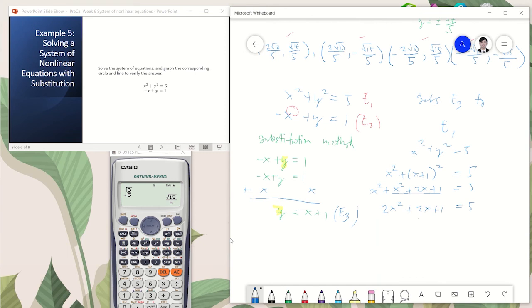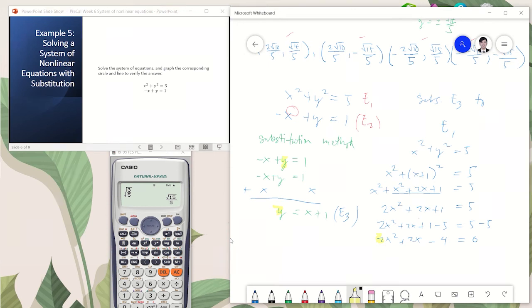Now, the next thing that you need to do is make the right side a 0. So you'll need to add negative 5. So 2x squared plus 2x minus 4 is equal to 0. Now, it would be convenient for us if the leading coefficient again is a 1 instead of a number which is higher or lower than 1.